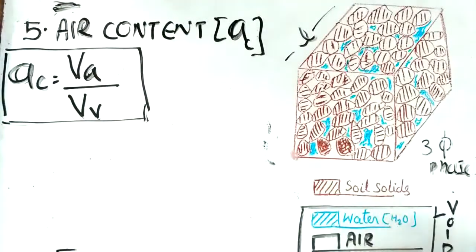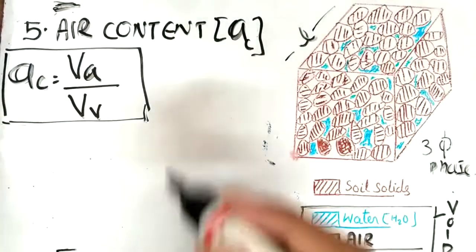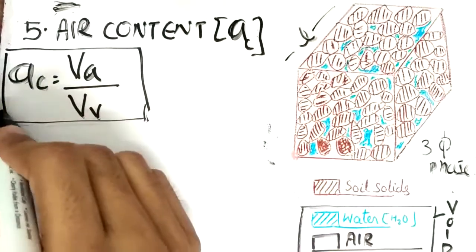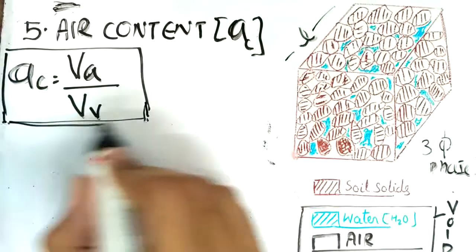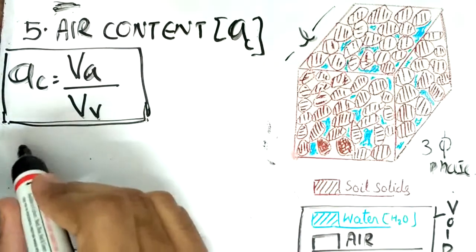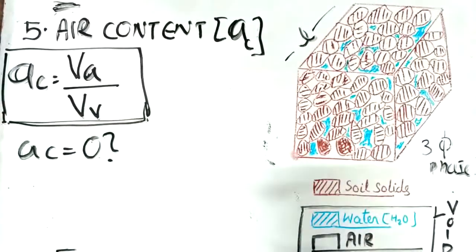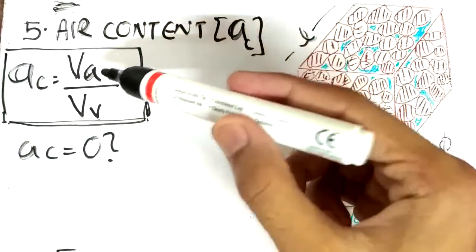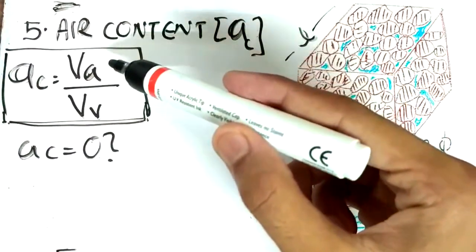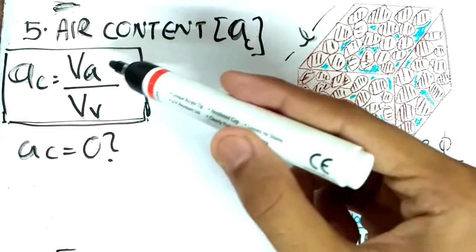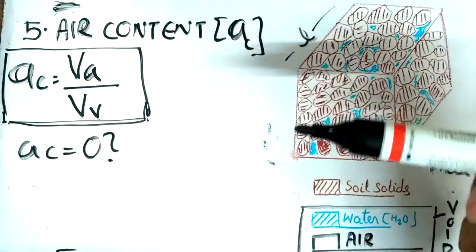If I again talk about the limits, this will be the same as our previous case. Can my AC be equal to 0? When will my AC be equal to 0? If my numerator is equal to 0. Can I have such a case in soil that my volume of air becomes 0?